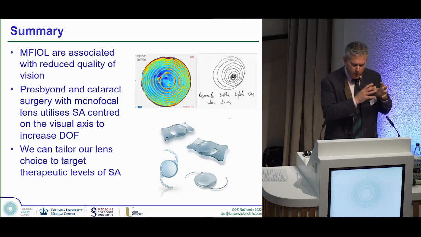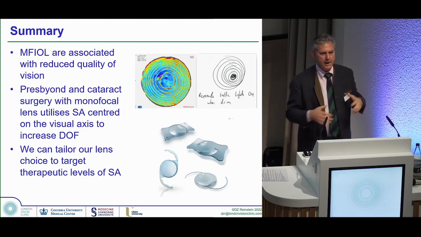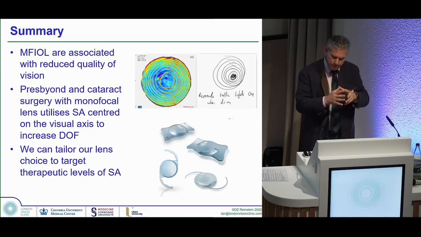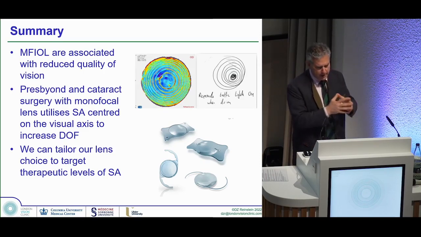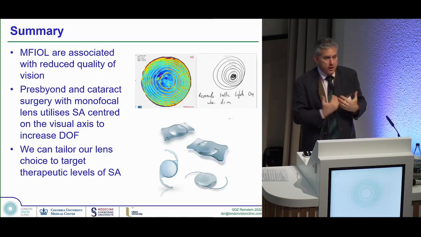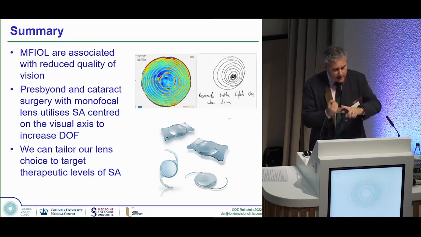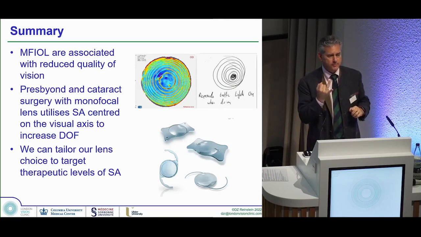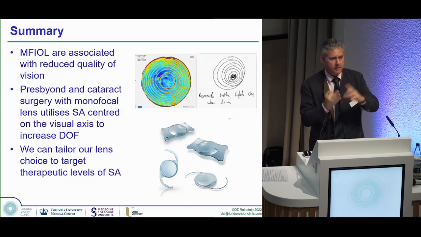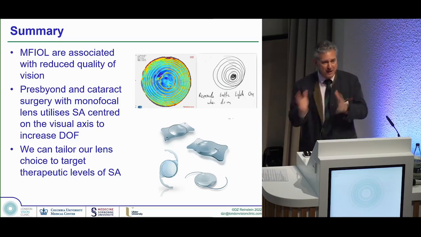Anyhow, we know about multifocal IOLs being very successful in the marketplace, and a lot of patients are happy. But PRESBYOND and cataract surgery together give us and our patients higher quality of vision, more accuracy in refractive result, reversibility of the anisometropia if required, and adjustability over time, because the cornea is not a piece of plastic.